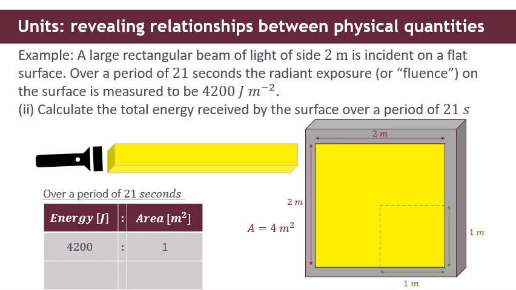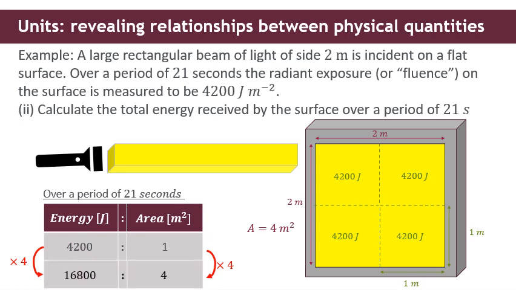So in 21 seconds, every square meter absorbs 4,200 joules of light energy, and we have 4 square meters. We need to multiply the right-hand side by 4 to find the total energy absorbed by the surface, which is 16,800 joules over a period of 21 seconds.